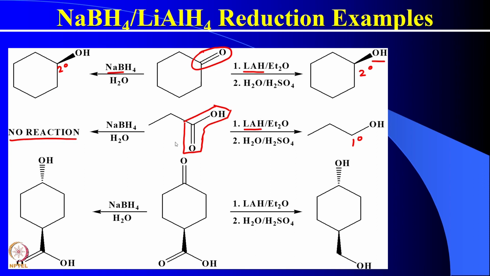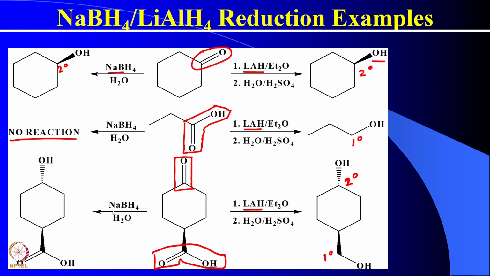Therefore, if in a compound we had a ketone and a carboxylic acid group, and we used lithium aluminum hydride as a reagent, we would end up getting a 2 degree alcohol here and a 1 degree alcohol at this end.